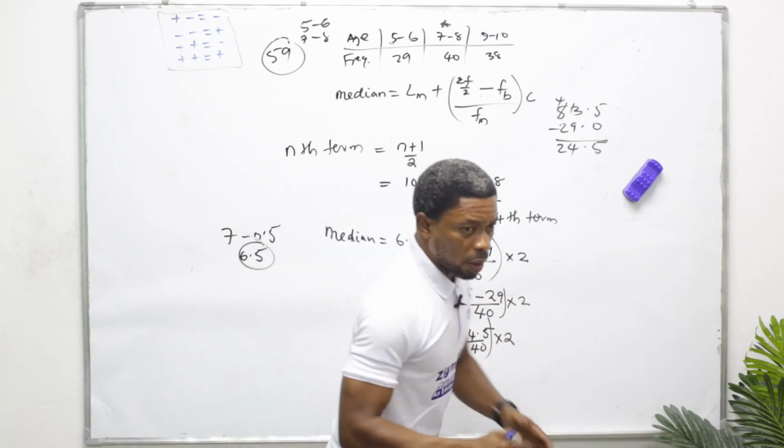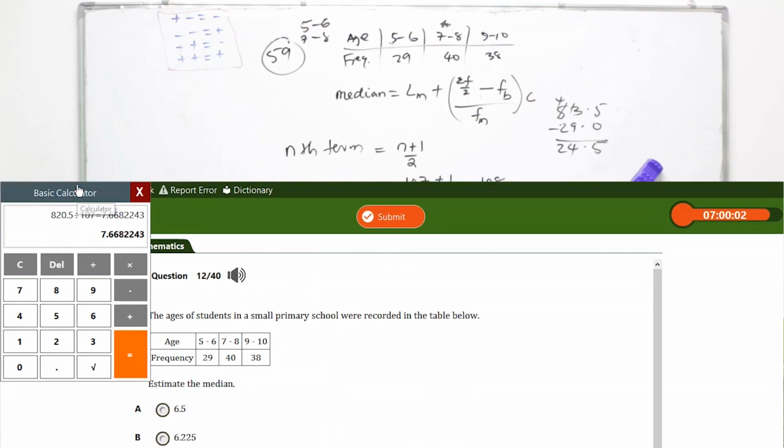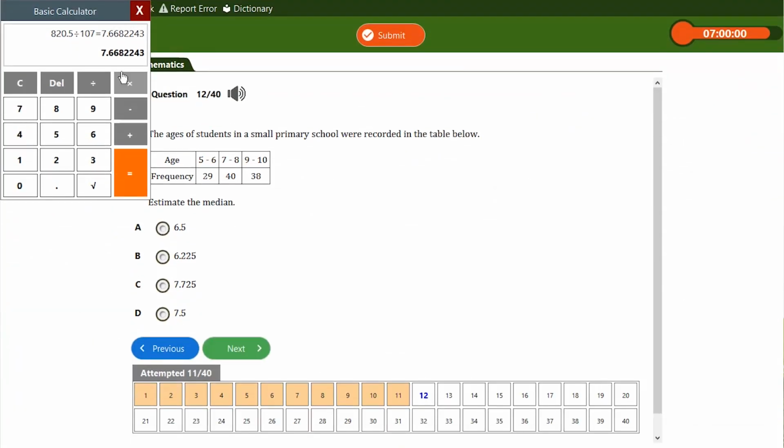So now, let's do it. You can always use the simple calculator on your system. This will be provided. It's not a scientific calculator. So this is 24.5 divided by 40, equal to, multiply your answer by 2.